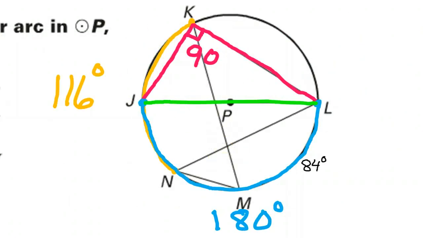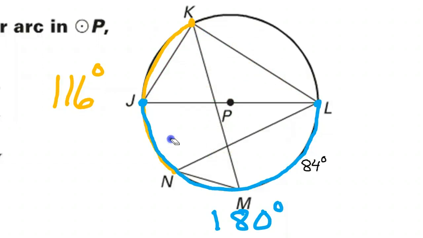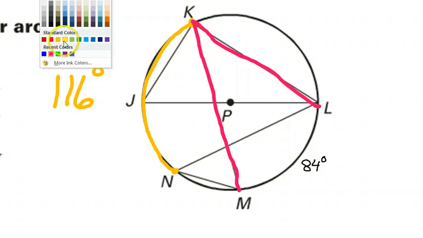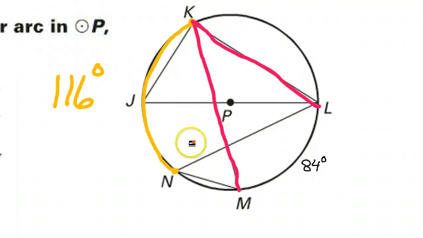Alright, next. Angle MKL. I'm just going to start over every time, because you never know what I'm going to need next. Let's look for the intercepted arc. See how this angle ends here and here?